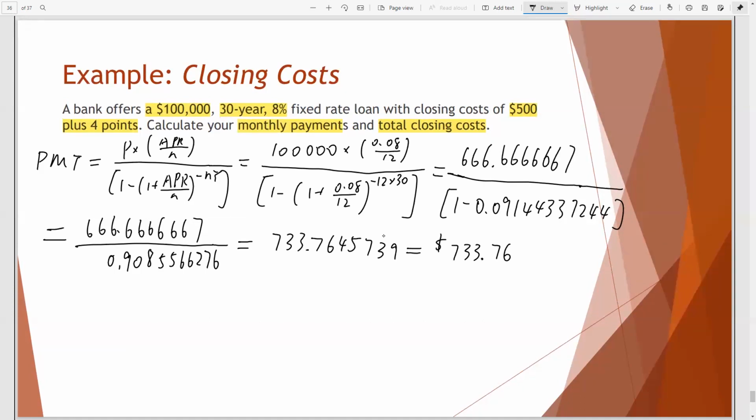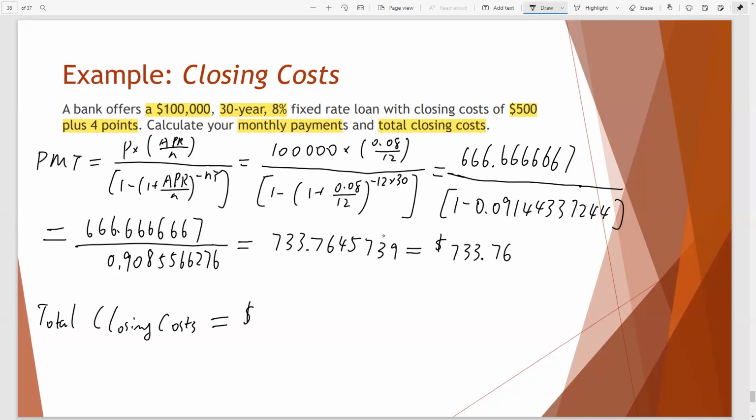And we're not asking for the interest, not asking for anything else, but asking for the total closing cost. Right, what do we have? That's a 500 fixed amount plus 4 points.